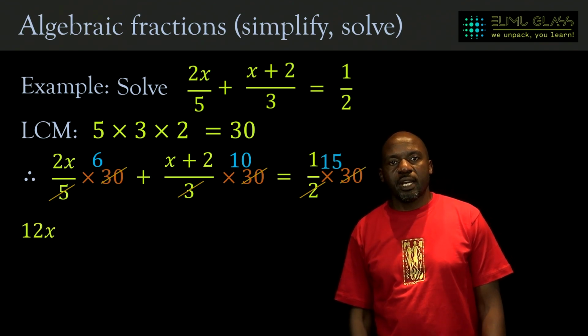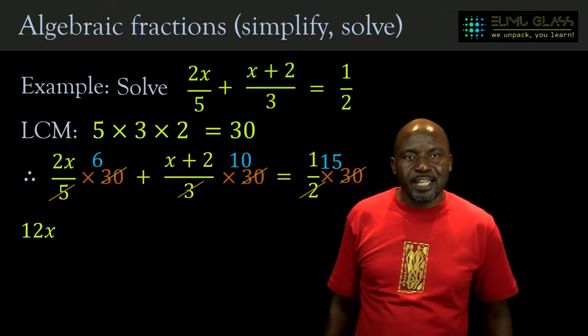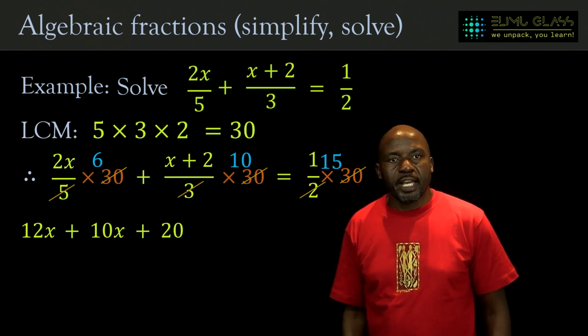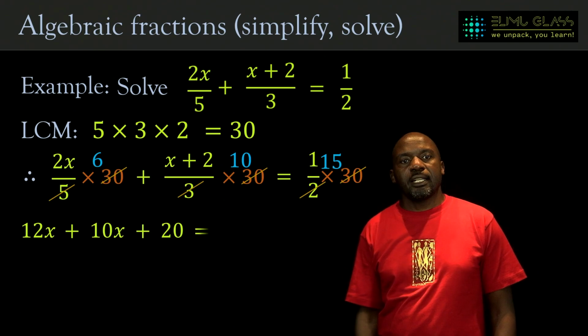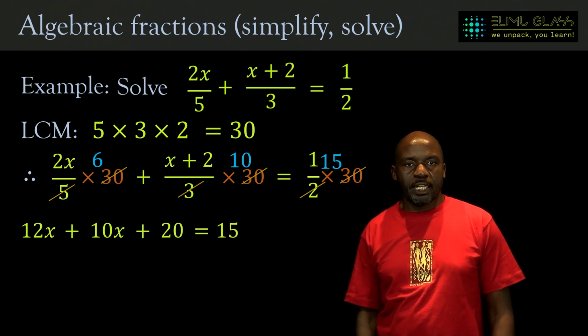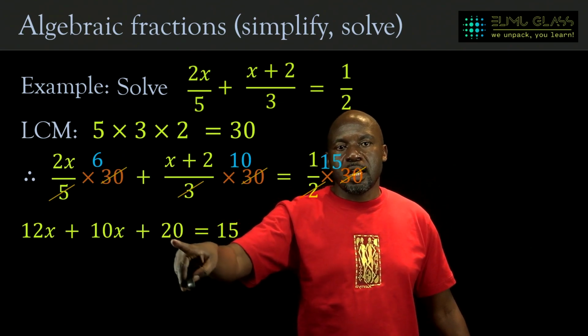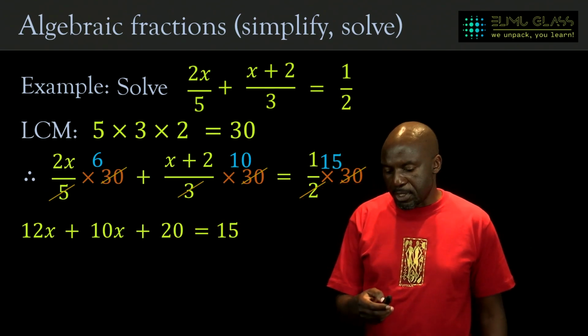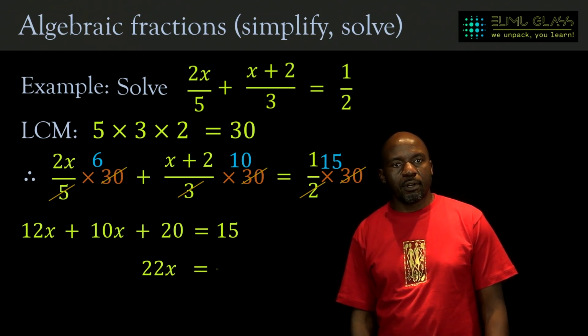Okay, and so what do we end up with? 12x from the first term. This becomes 10 into x plus 2, which is the same as 10x plus 20, and that is equal to 15. And so I can rearrange. This gives me 22x, and 20 goes to the other side and becomes negative 5. I hope this is not a big deal. You're okay with it.